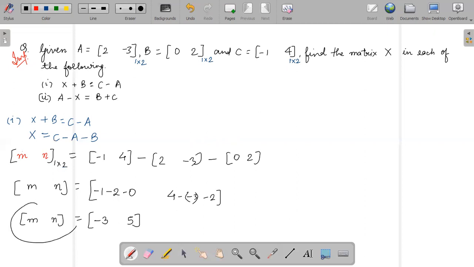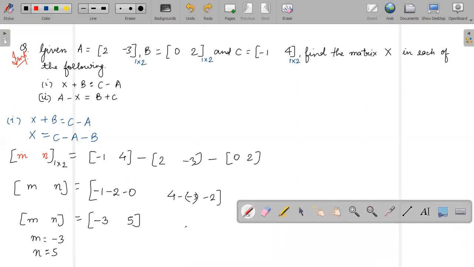Now two matrices, these two matrices are equal, बीच में equal to sign है, which means M is -3 and N is 5, and therefore our X matrix, जो हमारे X के जगह हमने Mn लिखा था, वो आ गया. Our answer, therefore matrix X is, M के जगह -3 लिख दिया और बगल में n के जगह 5 लिख दिया, हेंस आ गया हमारा matrix -3 5. This is the matrix which we had to find.